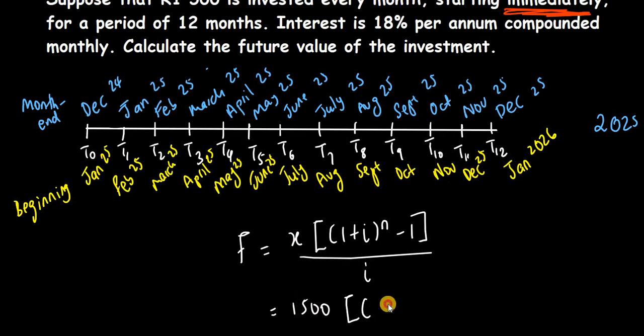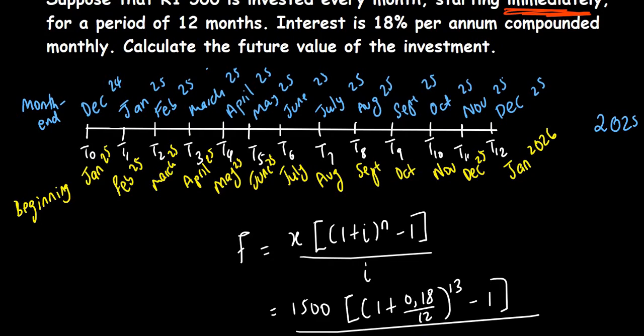And then we say 1 plus, what was the interest? It is 0.18 divided by 12, to the power of what? Now, how many payments were made? Is it 12? No, it's 13, because it started immediately. So it's going to be 13, and all of that divided by 0.18 over 12.